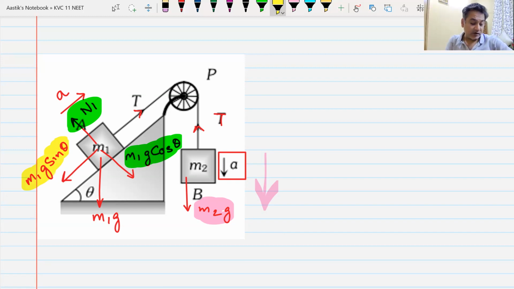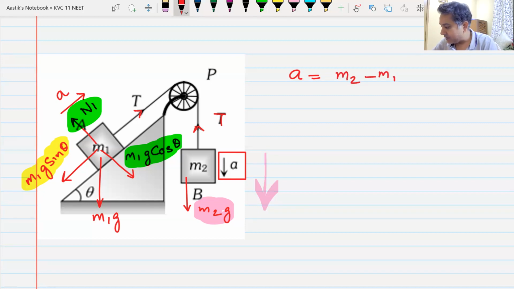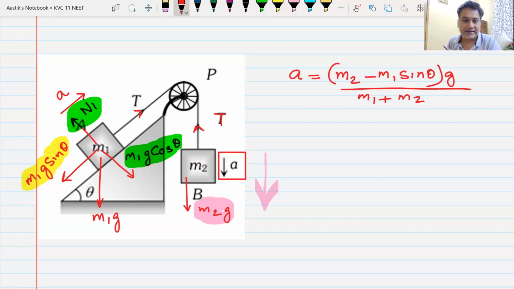Now you can apply your common sense and tell me what would be the value of acceleration. On one side I have m2g, on one side I have m1g sin theta. So the answer would be (m2 minus m1 sin theta) multiplied by g, divided by (m1 plus m2). Do we understand this? Yes or no?